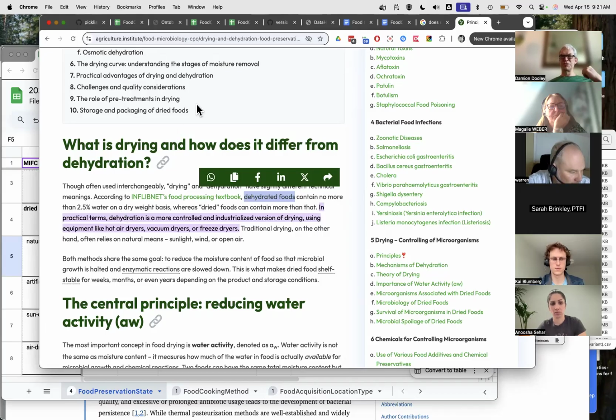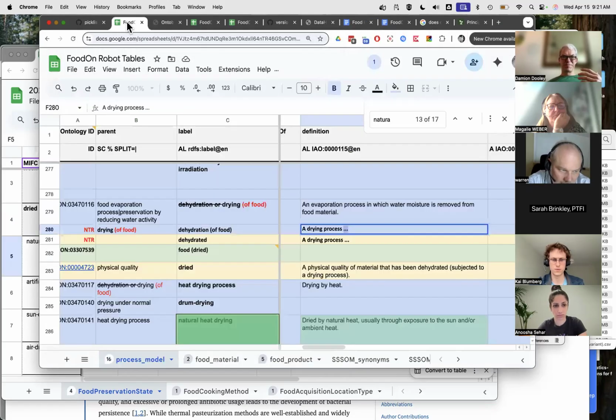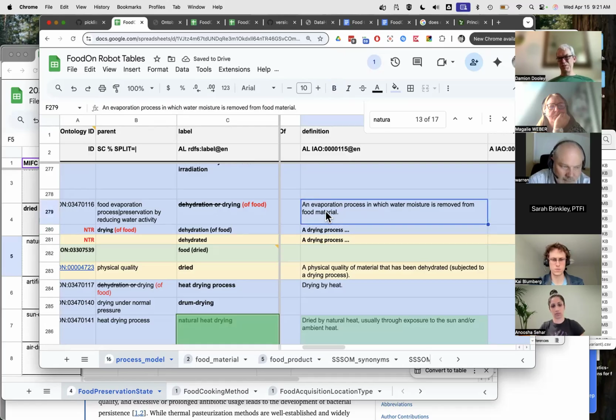I'm also thinking in terms of cooking processes. You're in the kitchen, somebody's telling you to dry the pasta. So can we craft the drying definition to be just a super class of things like dehydration and all these other dryings?